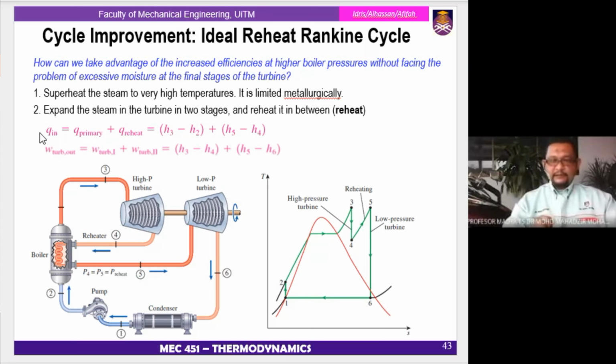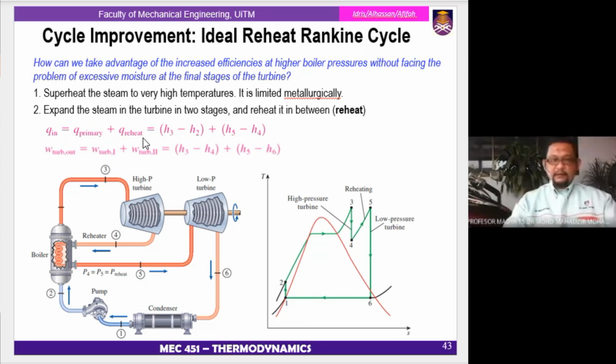Number one, to heat the steam at the boiler in the first stage, at states 2 and 3. And another reheat happens at process 4 and 5. So Q in has Q primary and Q reheat.